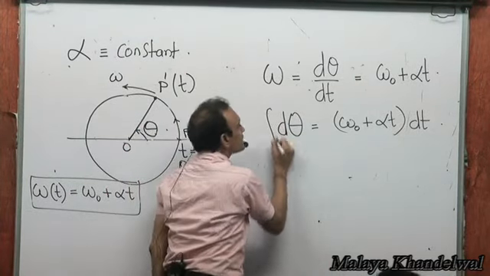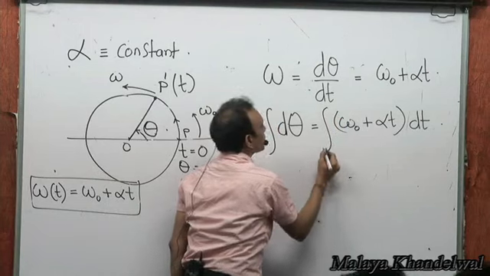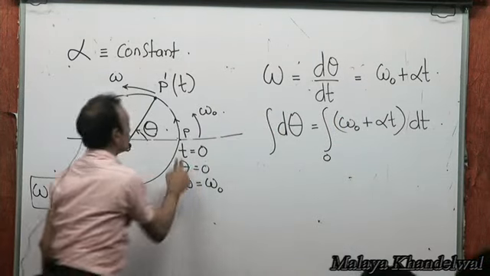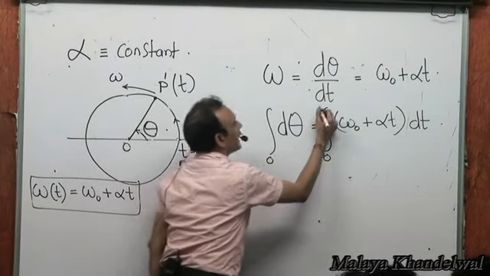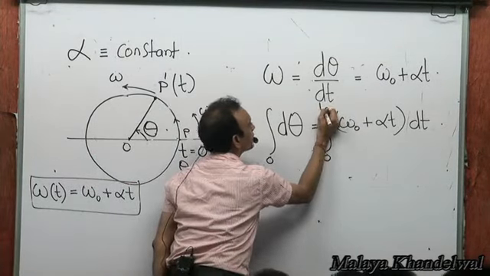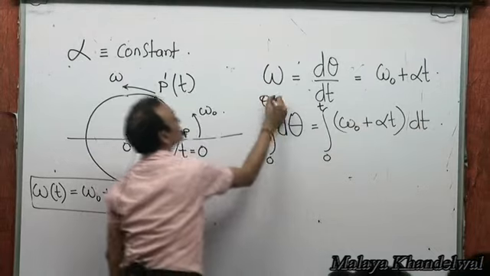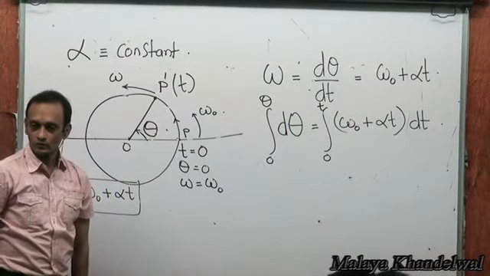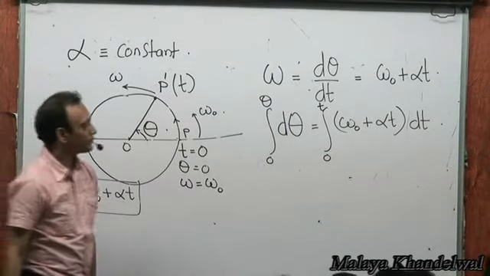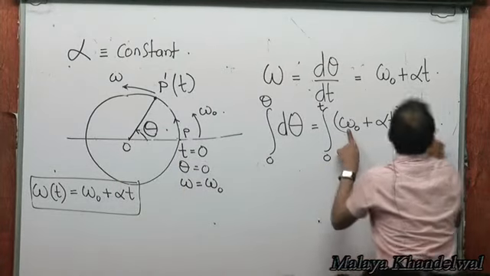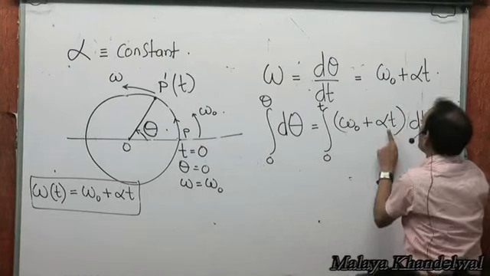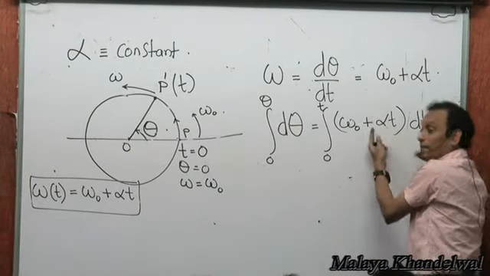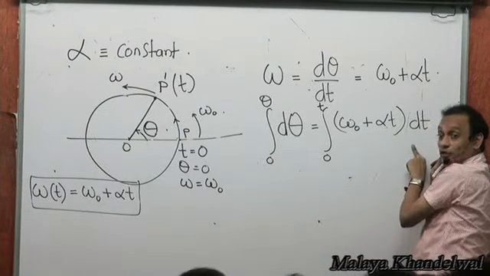Let me integrate both sides. When t is 0, we assume that theta was 0, angular displacement was 0. At an instant of time t, theta became some theta. When I integrate omega naught dt, omega naught will come out. It will give me omega naught into t. Alpha is constant, so alpha will come out. t dt would give me t squared by 2.